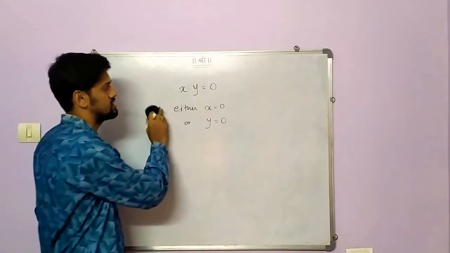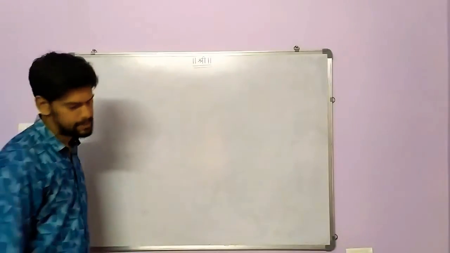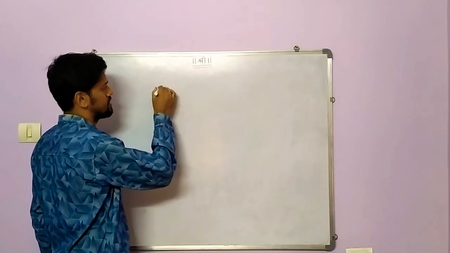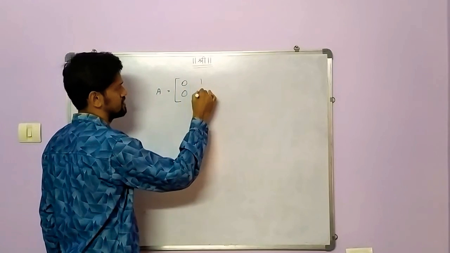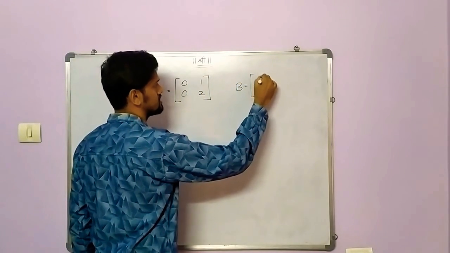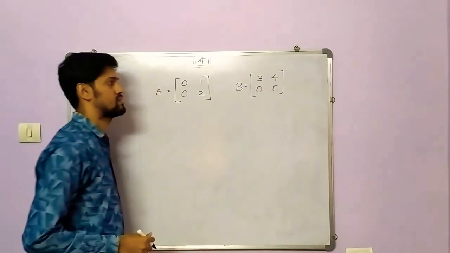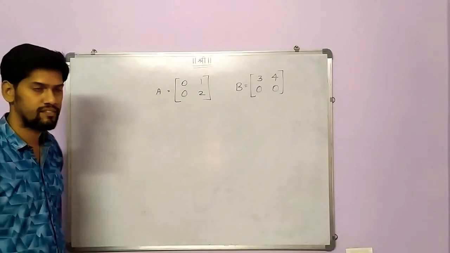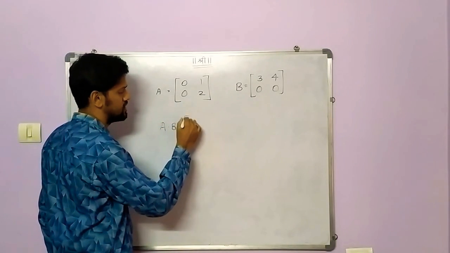I'll show you with an example. If matrix A is this and matrix B is this, these are the two matrices that I have taken.